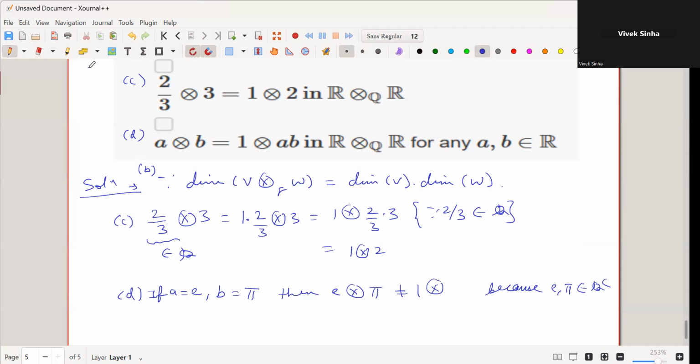In general it might not be true, but you can only move the elements of the underlying ring. Here the underlying ring is a field, that is Q, so you can move those. So B and C are correct, and D is not correct because these elements are from the irrationals.